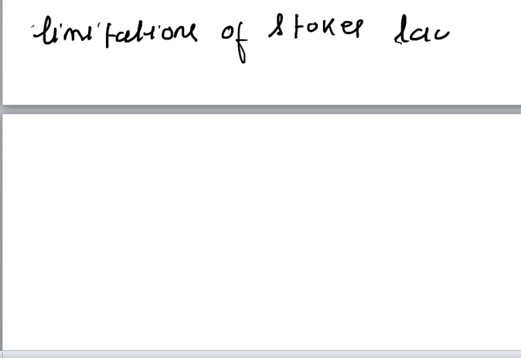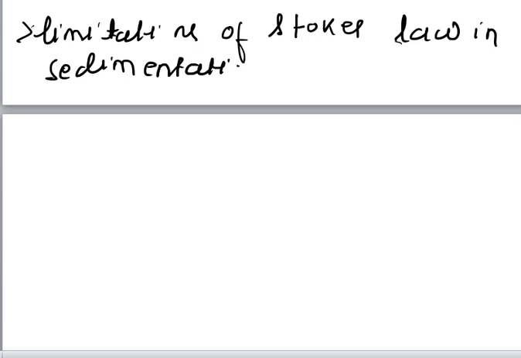We will start with the limitations of Stokes law in sedimentation. Note that the limitations which I will discuss now are only under sedimentation analysis in soil.